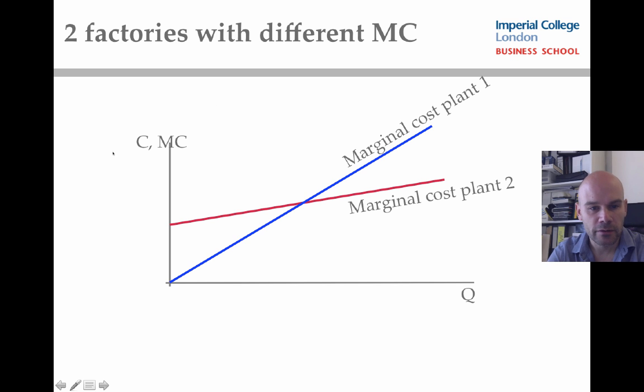And again, just to be clear, this is a space where we have the quantity of either plant 1 or plant 2 on the horizontal axis, and here we have values such as costs or the marginal cost. Okay, now what do you think, how should we allocate production between these different plants?